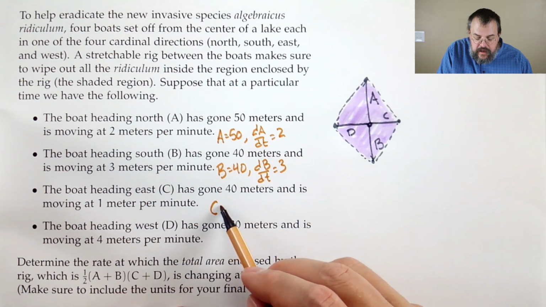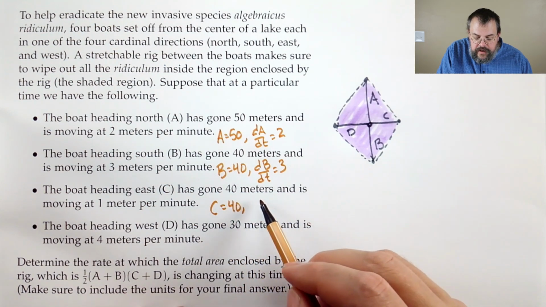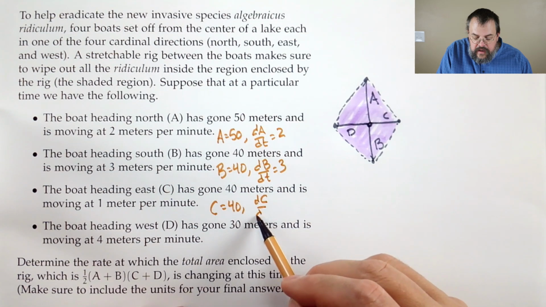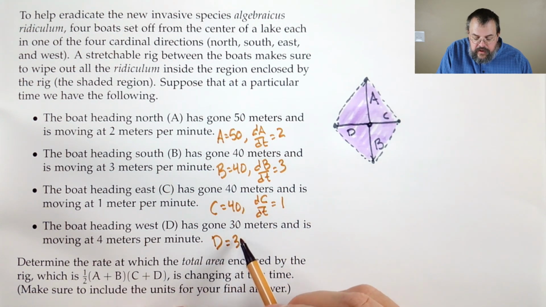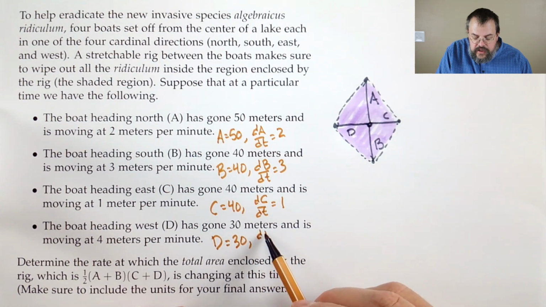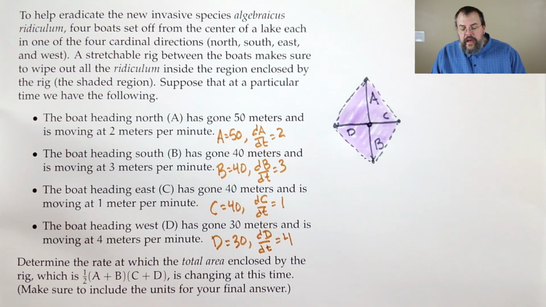This would be C equals 40, dC/dt equals 1, and D equals 30, and the change in D with respect to t equals 4. And they're all positive, because they're all moving away. So the lengths are increasing, so positive derivatives.